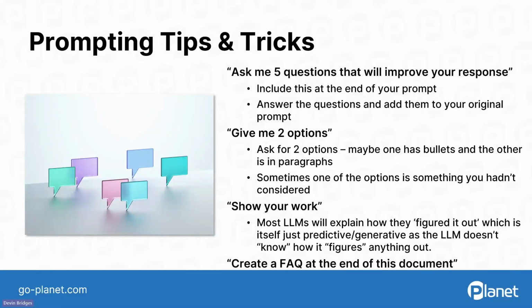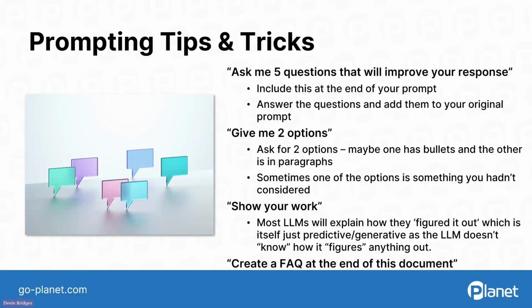Just in summary, we have: ask me 5 questions that will improve your response. When I put this at the end of my prompt, I'm able to kind of structure the next iteration. Give me 2 options, right? Option A, option B to choose between. Maybe that is going to provide me with something I didn't consider. Show your work, which is like a way of getting those citations, or having those large language models, or LLMs, explain how it was figured out.